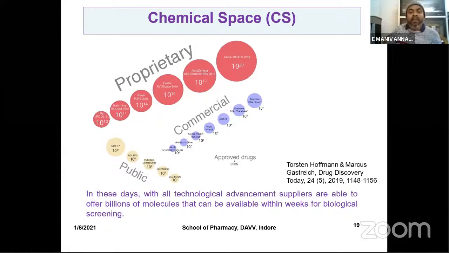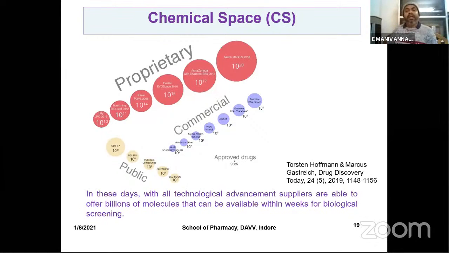These are publicly available databases. Proprietary databases belong to different pharmaceutical companies, for example Eli Lilly, Pfizer, Evotec, AstraZeneca, and Merck. They have massive chemical libraries, and the number of chemical compounds in each library is also shown here.